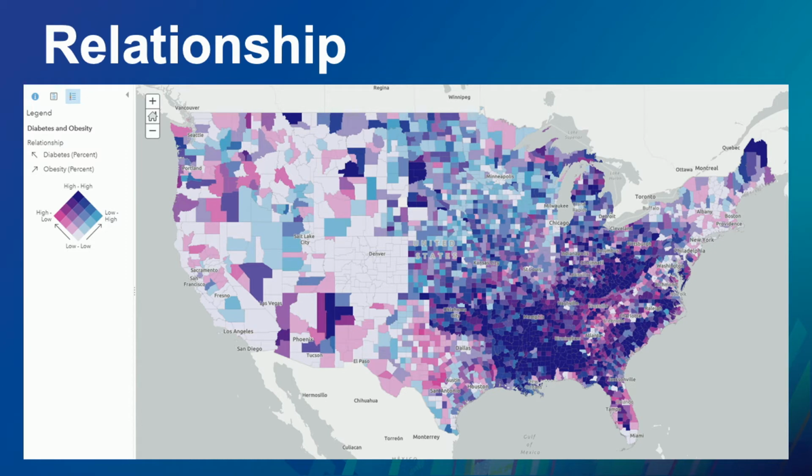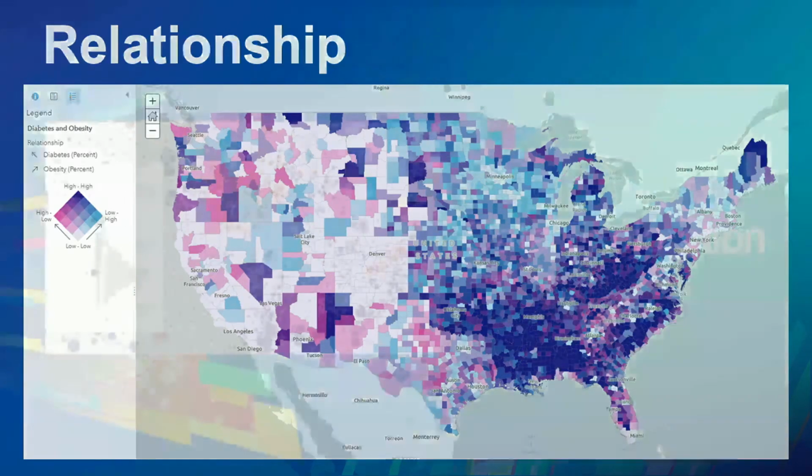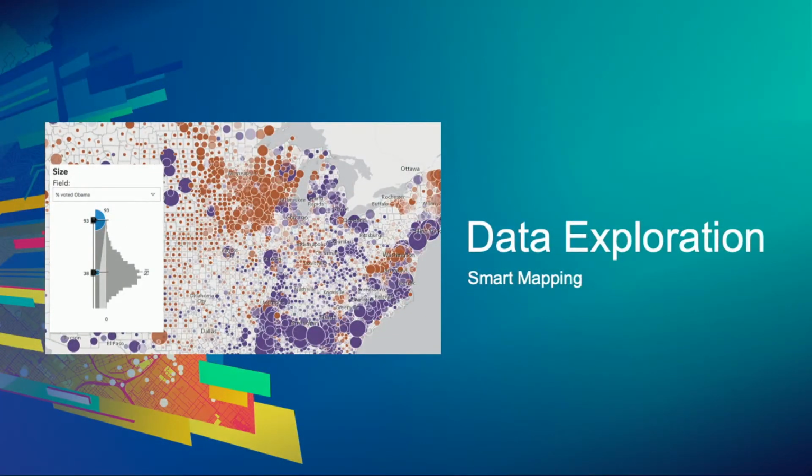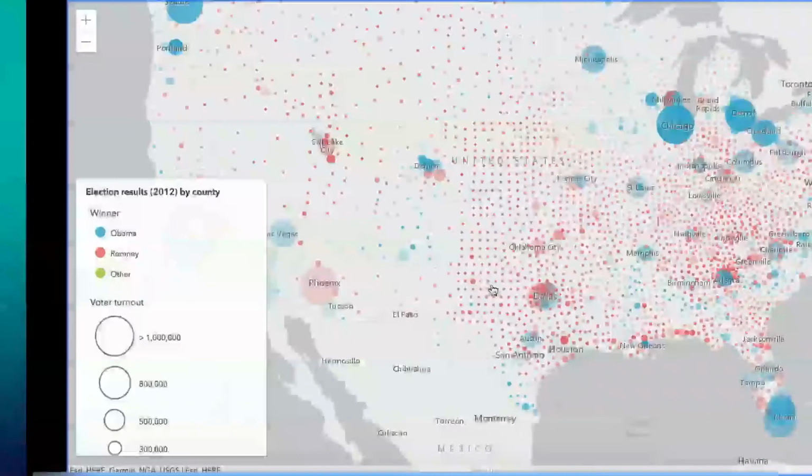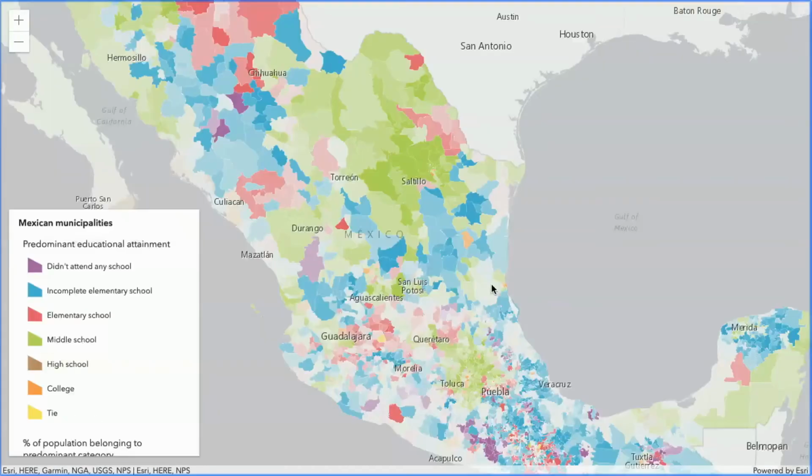Whereas with the smart mapping APIs, you can just say, hey, this variable, I want 2, 3, or 4 classes, and boom, you're done. And then I've got great color ramps from Cynthia Brewer to apply on top of them. So I'll show you a quick example of this. Let's see here.